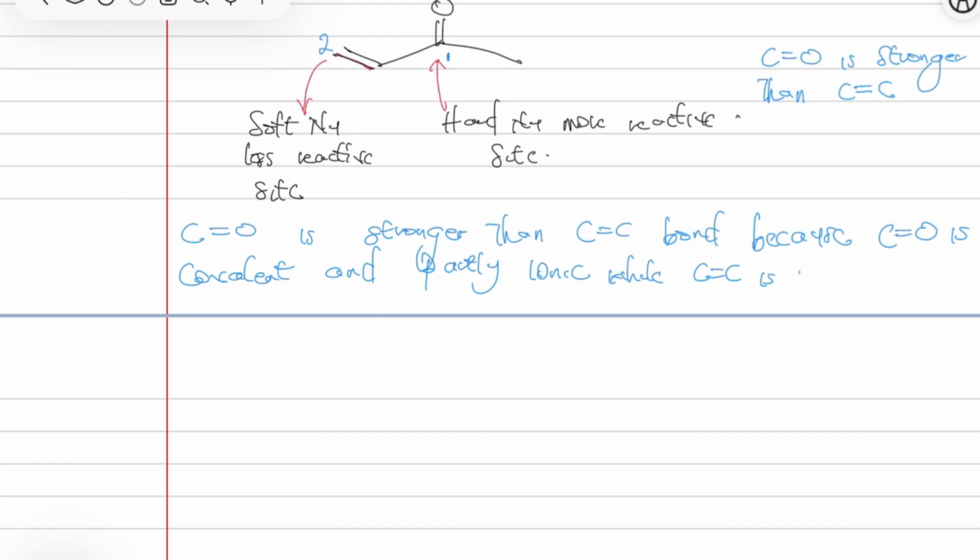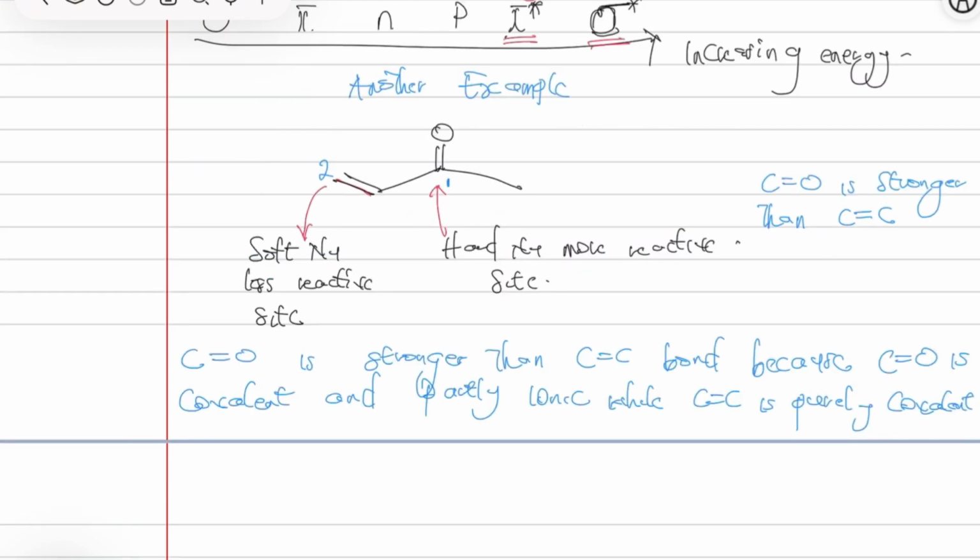But the CC double bond is purely covalent. That is why the CC double bond is regarded as the less reactive site where the soft nucleophile will attack, and the CO double bond is regarded as the more reactive site where the hard nucleophile will attack.